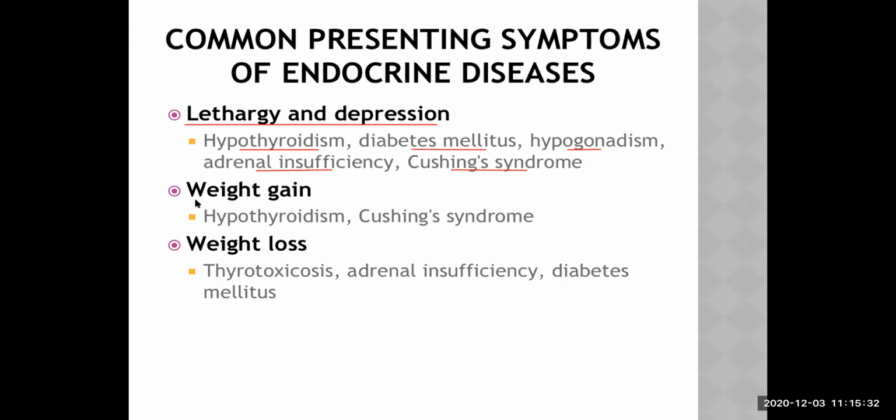Weight gain is one of the common symptoms or presentations in endocrine disease, very commonly seen in hypothyroidism and Cushing syndrome. Hypothyroidism is characterized by deposition of a connective tissue substance called mucopolysaccharide in different parts of the body. As a result, the hypothyroid patient gains weight.